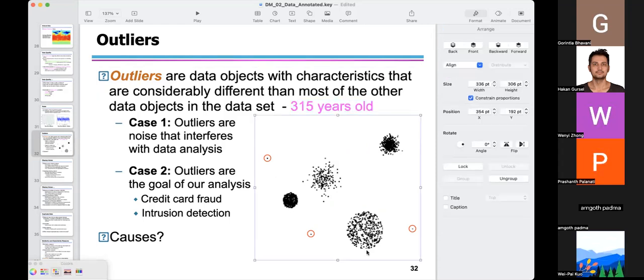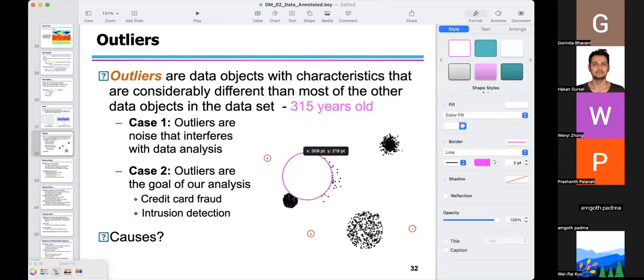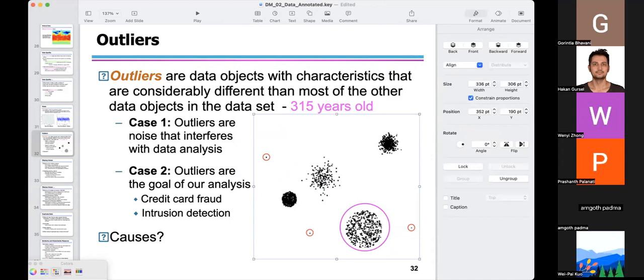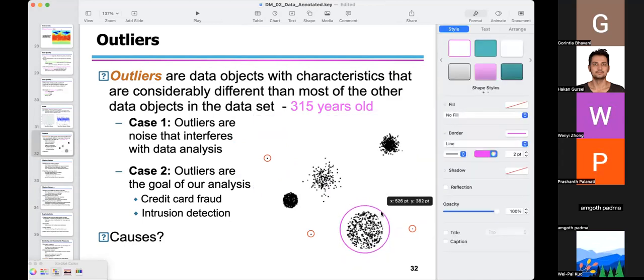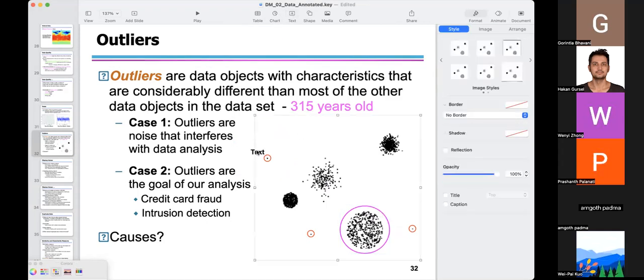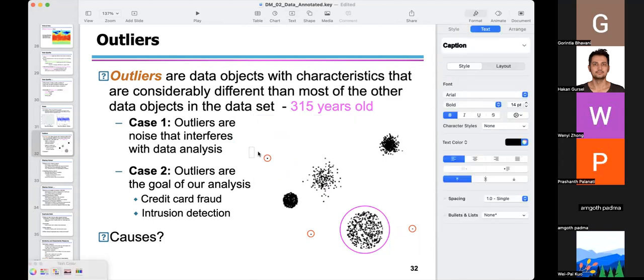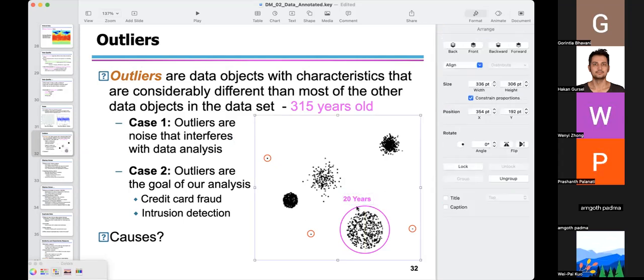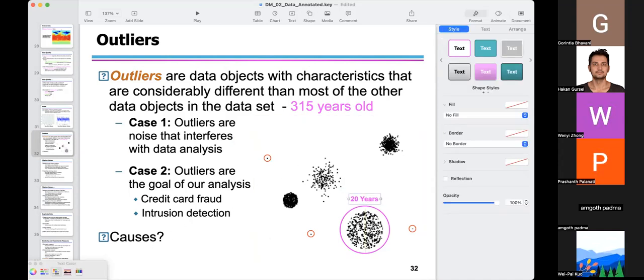Here are the 20 years old, and here are the 80 years old.